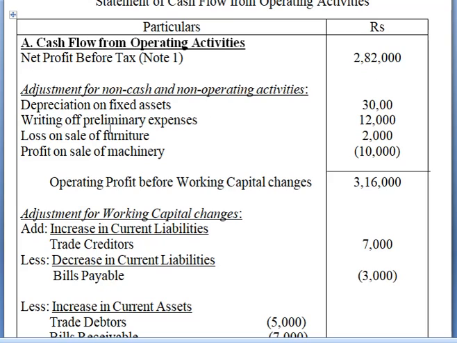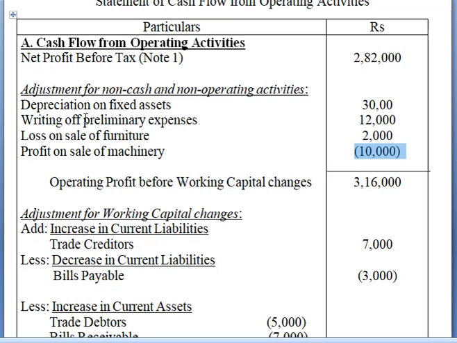Whenever you write off the preliminary expenses, no cash goes out. And this profit or loss on sale of fixed assets is actually related to investing activities, so these are non-operating activities. So it has to be also adjusted. When there is loss, we do addition, and when there is profit, we do subtraction.